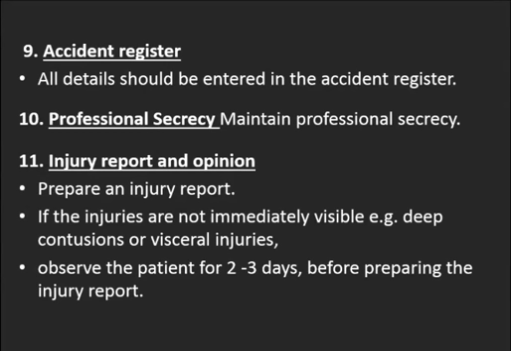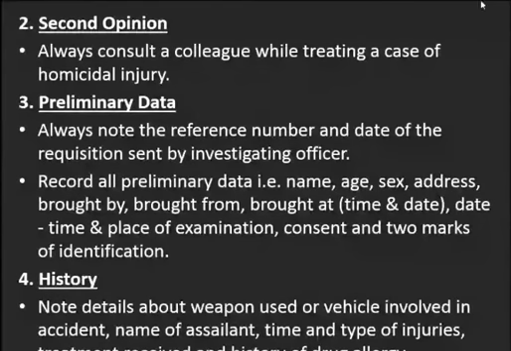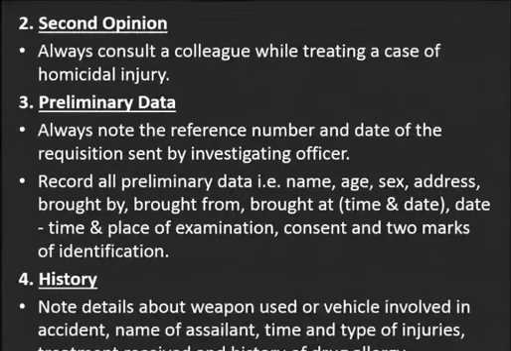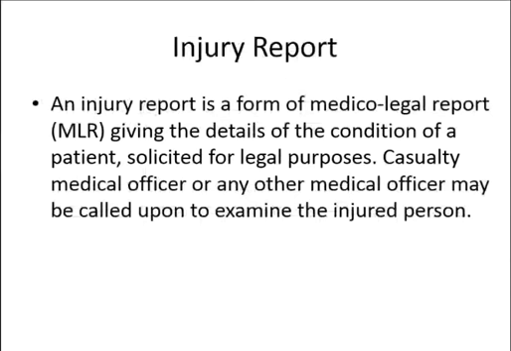What is the injury report, the wound certificate? This is an injury report. This is a medical legal report. You have seen in the last classes the difference between a medical report, that is a medical certificate, versus a medical legal report, also called the ML report.